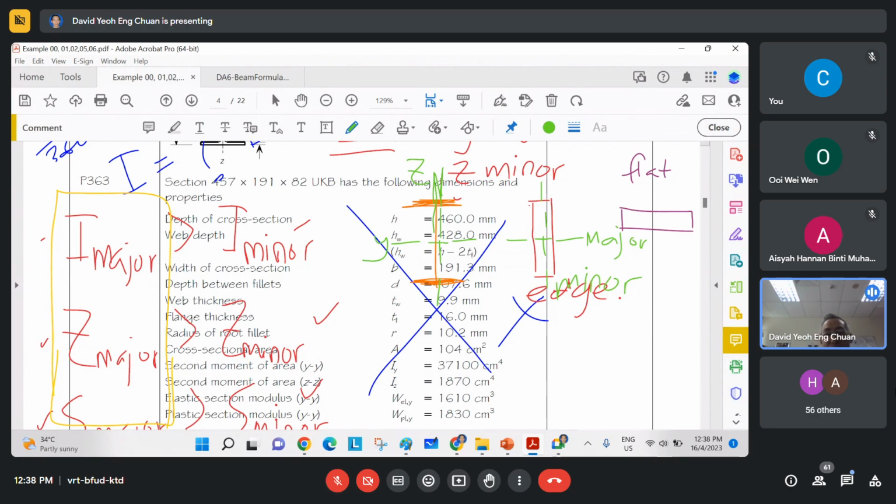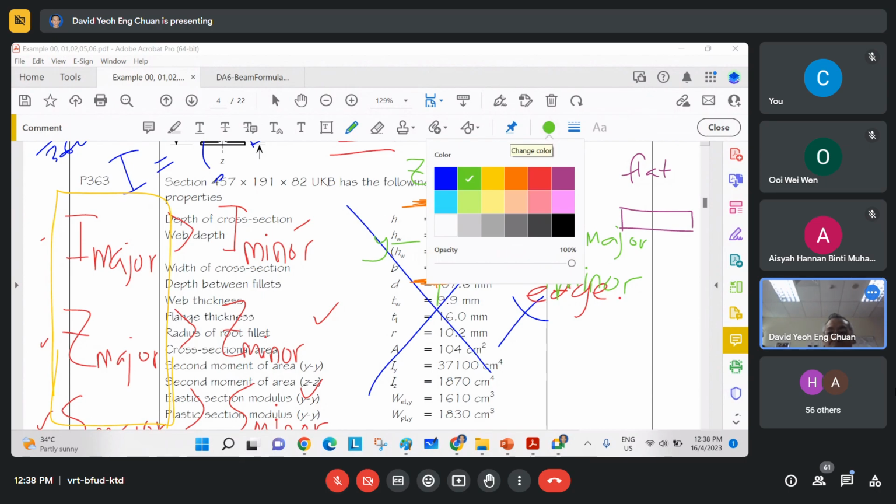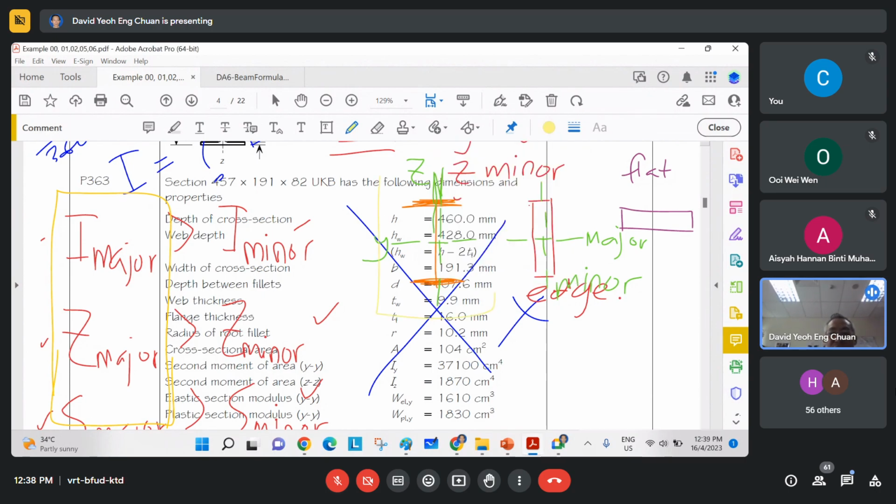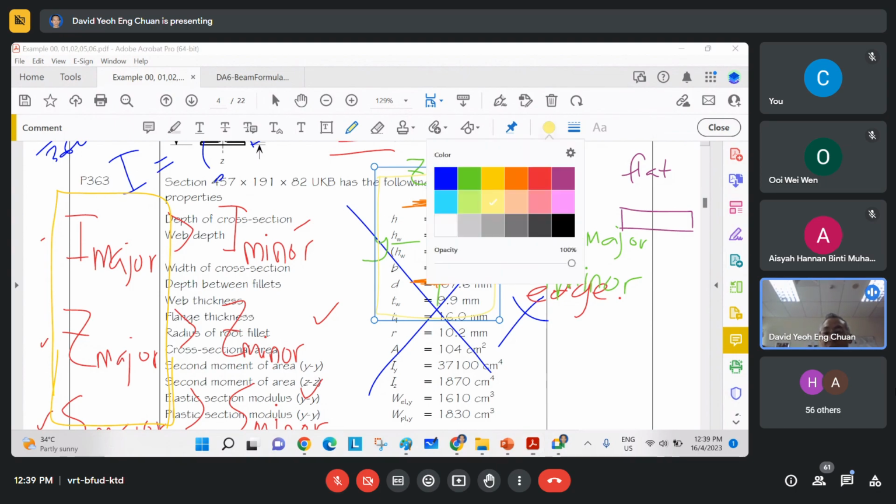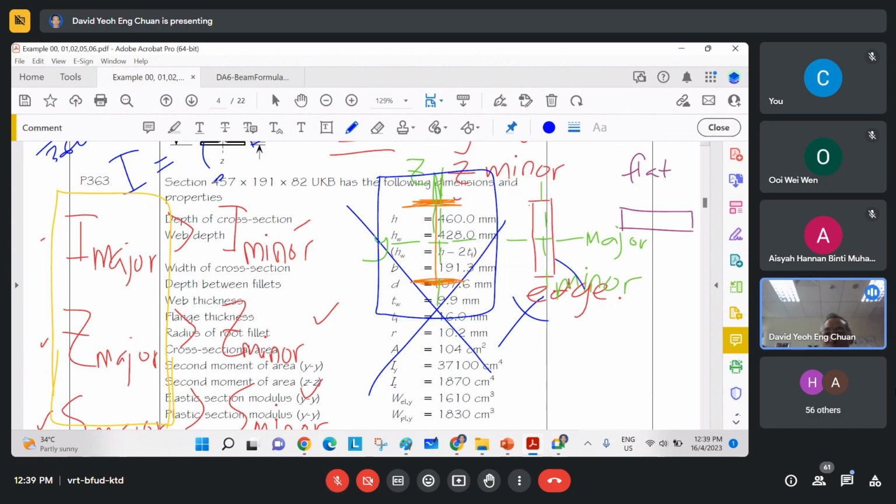Okay, so the clever way of using the orientation of a beam is this way. Orientate the beam, stand it up such that it's like this. Okay, for a beam, don't slip it down. You slip it down, you are going to get a very small I. Okay, so to give you a better explanation: what is the formula?